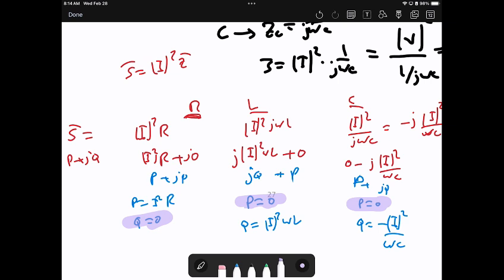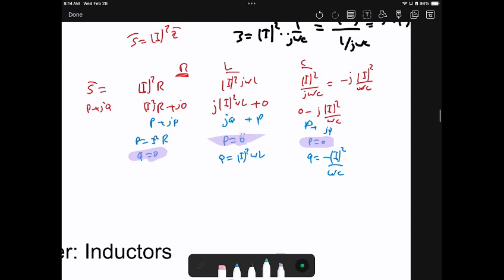Actually, that is consistent with what we used to see in DC circuits. How? In DC circuits, frequency equals 0, or omega equals 0.